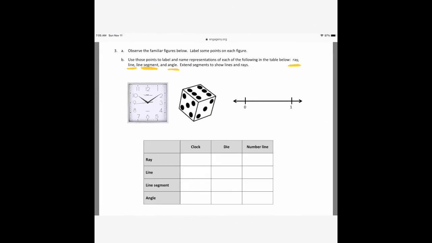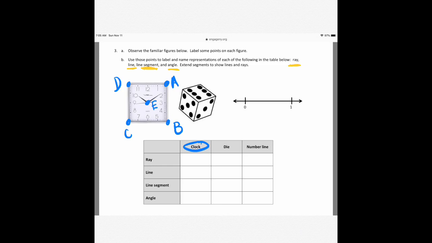So we're going to start off with the clock. And I'm going to draw some points on the clock. I'm just going to use letters that come to mind. It doesn't really matter what you name them. So I have A, B, C, D, and I'll put one in the middle of the clock and name it E. Now we're going to draw a ray.